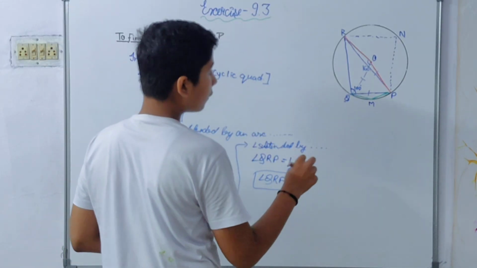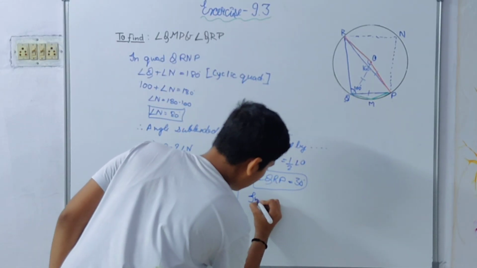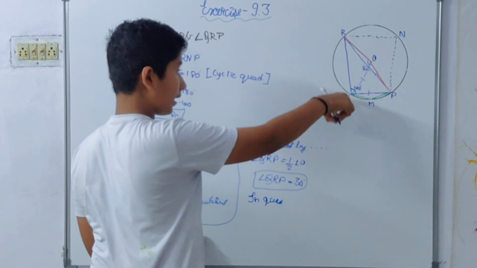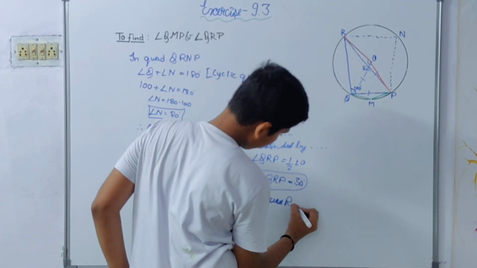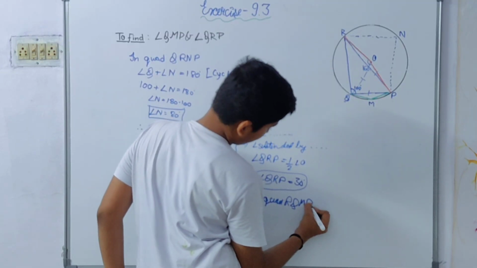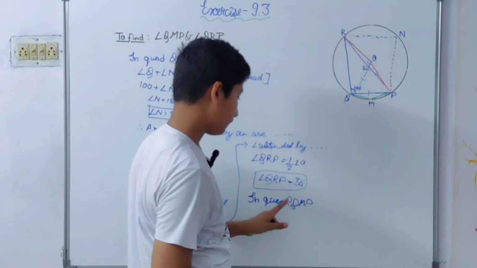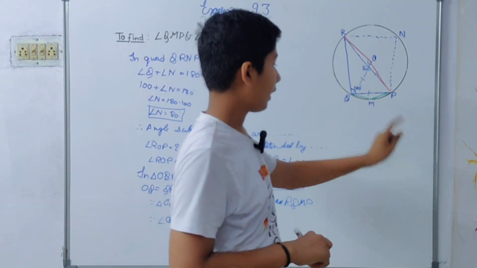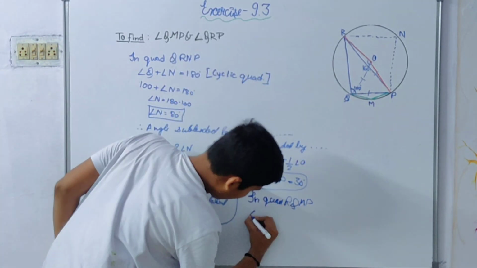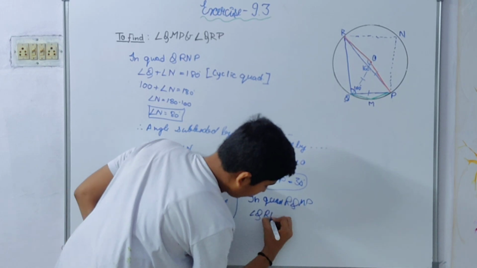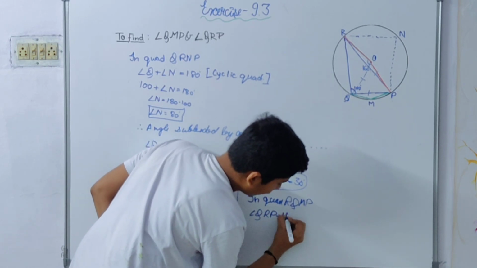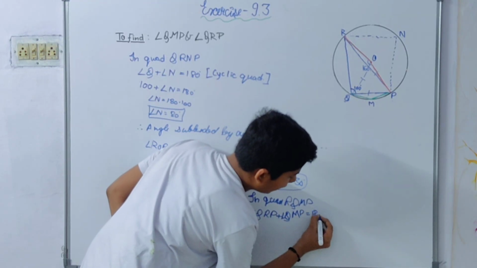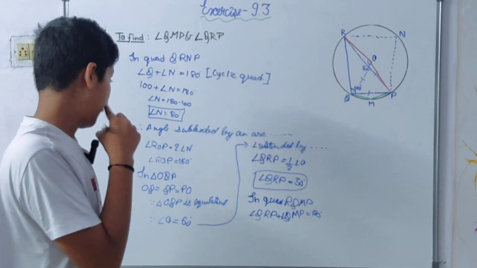Therefore, from here in quadrilateral RQMP, angle QRP plus angle QMP equal to 180 degrees.